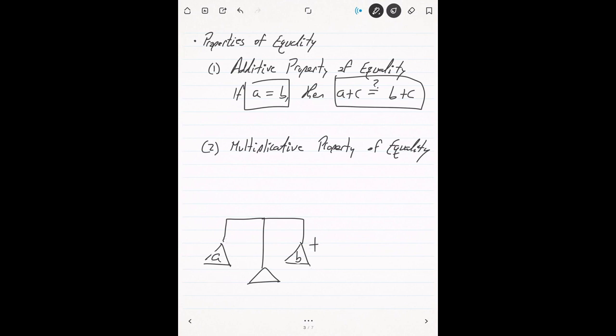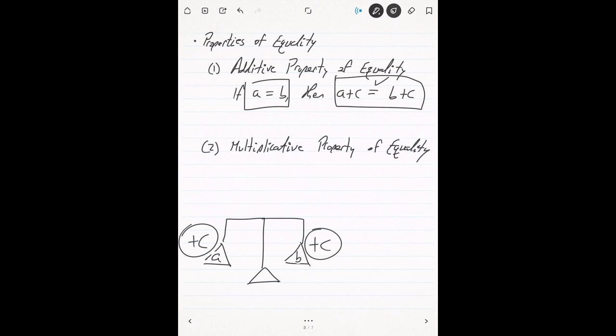Let's say I add the same quantity to both sides again. So they originally were equal, and then I take some number C. Again, C is just some number, and I add the same thing to both sides. Will they stay equal? Hopefully you're saying yes, they should stay equal. Because if they were equal to begin with, and you added the same amount to both sides, that's not going to change anything.